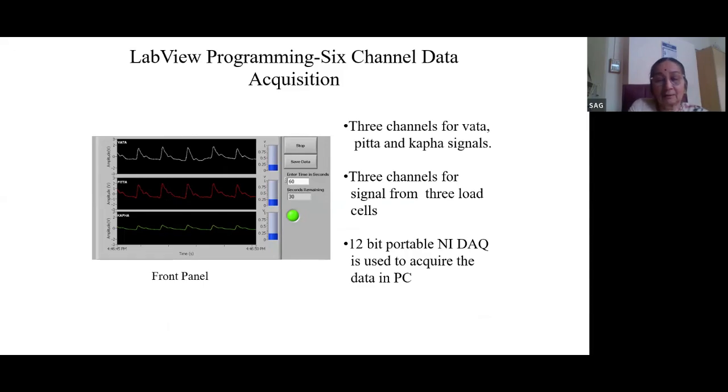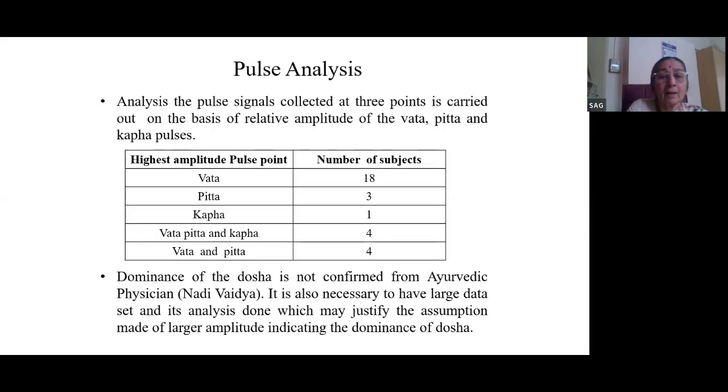The highest amplitude pulse point for 18 subjects was Vata type. 3 patients were of Pitta type and 1 was Kapha. And you normally get very few Kapha people. 4 of them had Vata, Pitta, and Kapha amplitudes all the same, and it indicates that these patients were healthy.